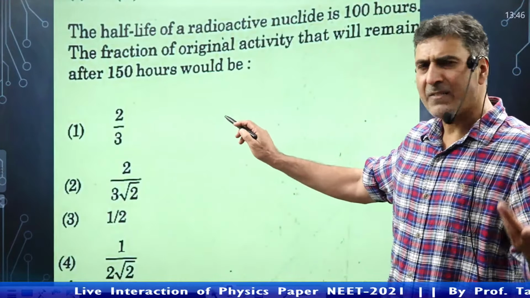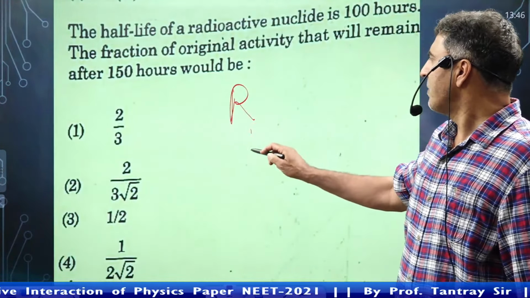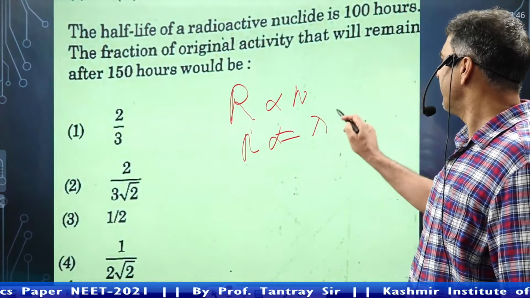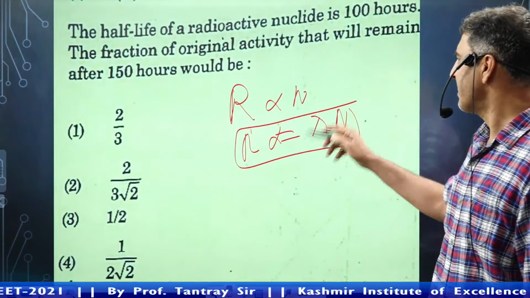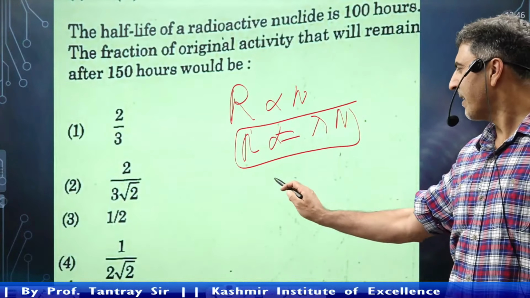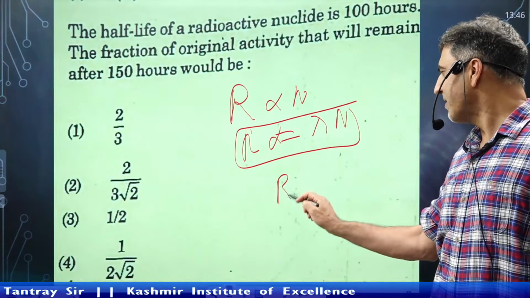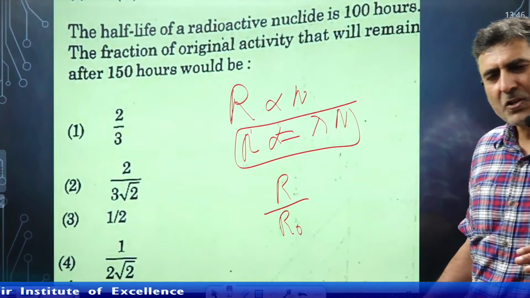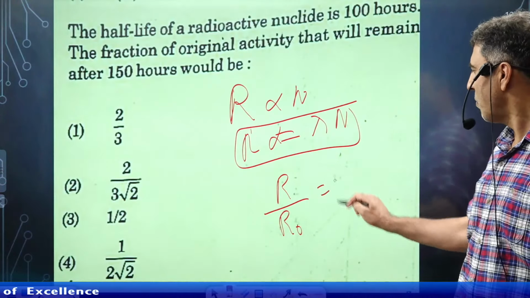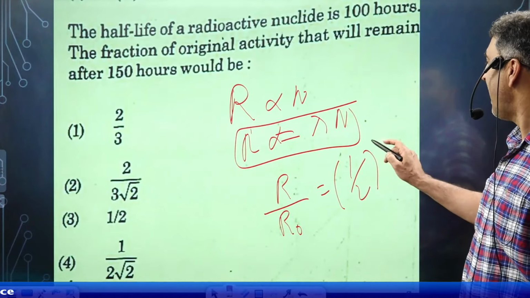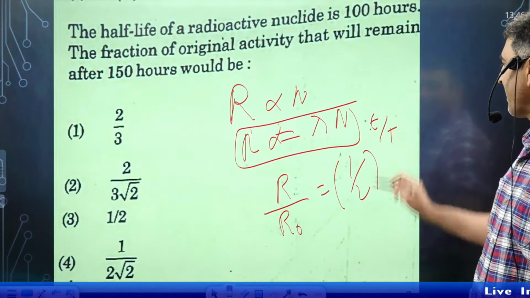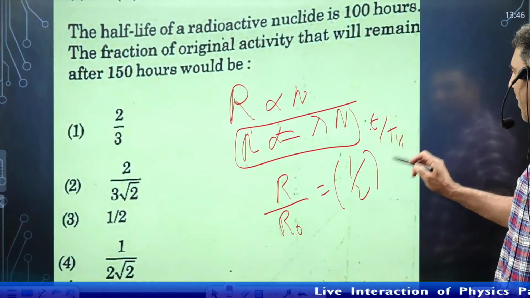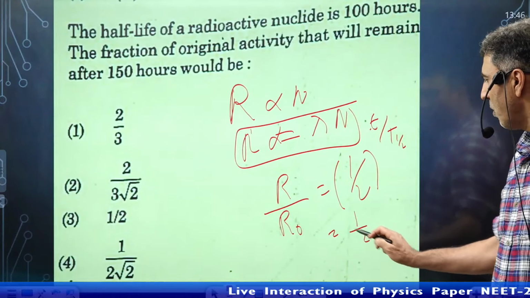We know the base equation: activity is proportional to N, or activity is equal to lambda N. From here, in 2 steps, we can write R, the activity after any time, by the original activity at t equal to 0, is equal to 1 by 2 whole raised to n half-life periods, t by t half-life.